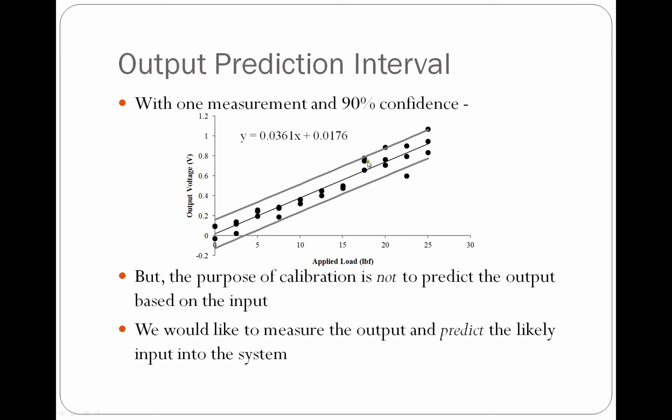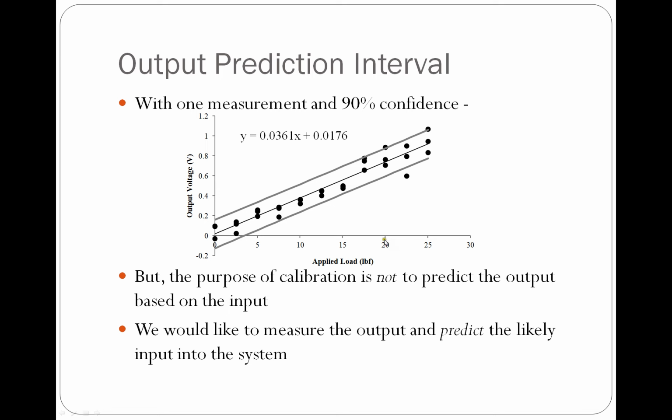So if we apply a load of 15 pounds, we can project lines over to the y-axis, and we'll have two bands, and we can predict that the output is going to be somewhere between 0.4 volts and 0.7 volts approximately, 90% of the time when we apply 15 pounds of load.